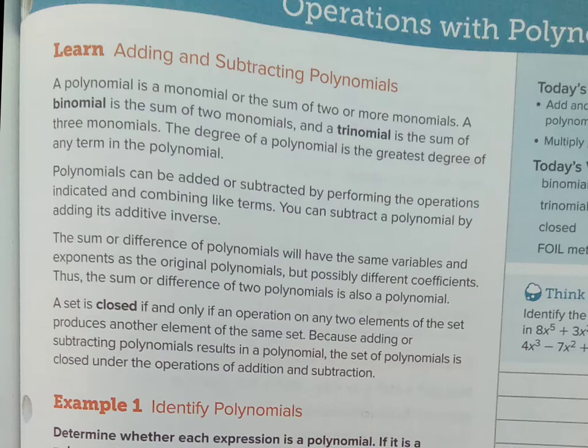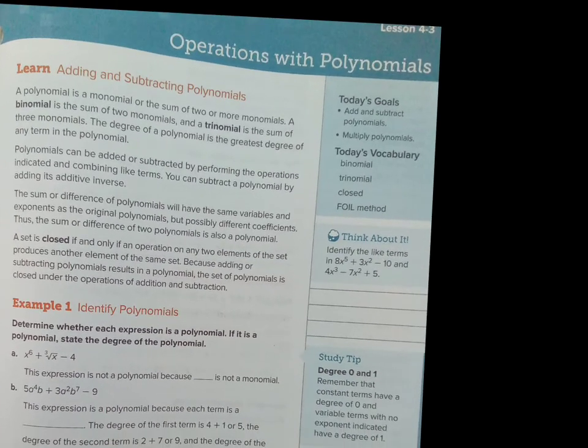Okay, so adding and subtracting polynomials. We had this polynomial definition from before, so we're talking about that the exponents have to be positive integers. And then there was a question last time. In the last class, if you have this, okay, that exponent is positive, but it's in the denominator.